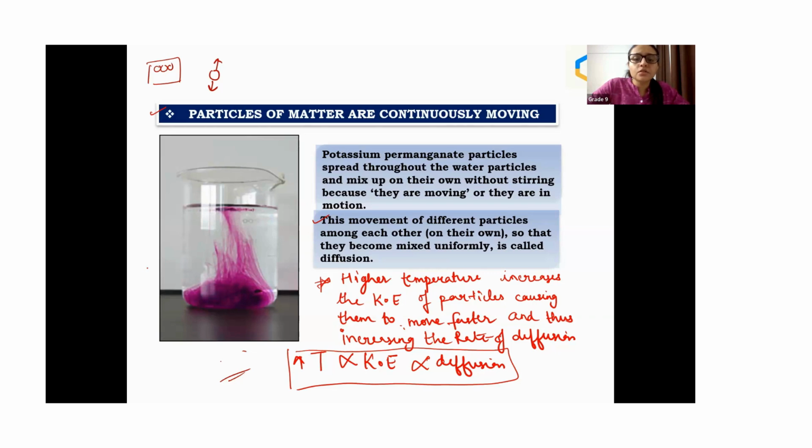Please write the point very clearly. When you are boiling, or when we provide heat to certain matter, we are increasing the temperature. So, students, can you give me any example related to this one? One example and then we will end the session.